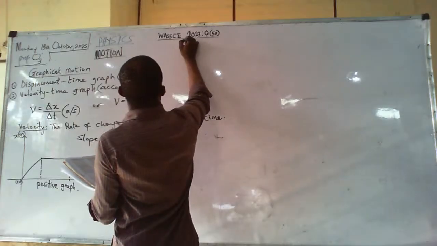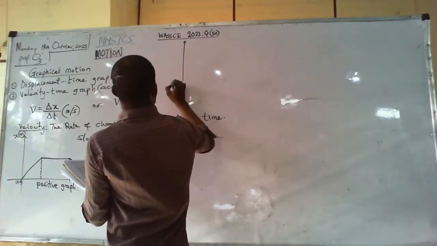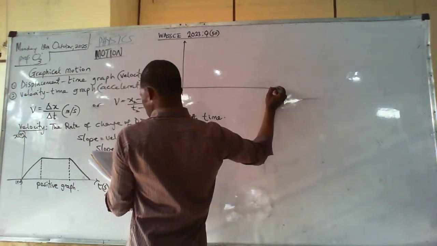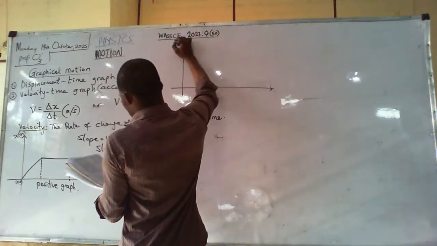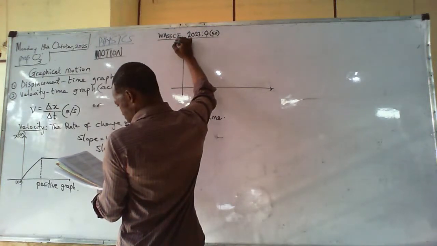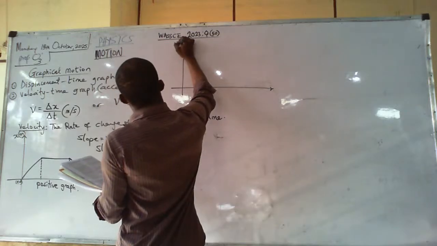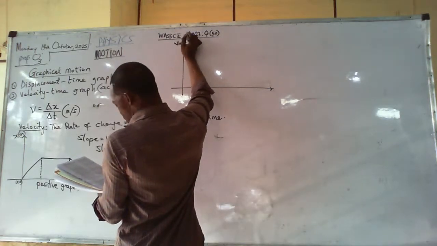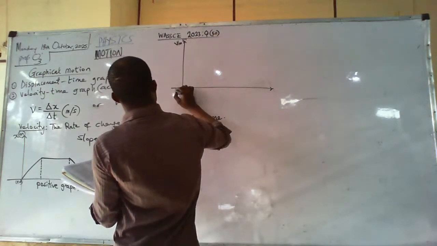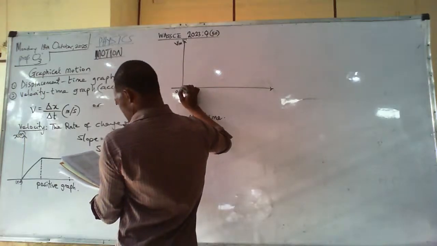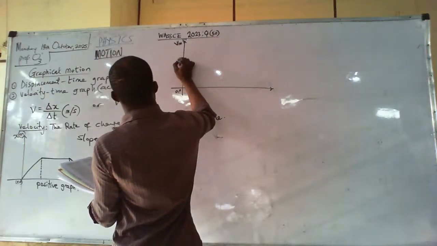The diagram is like 9 per second. Now it's 0 here. Now it's 40.